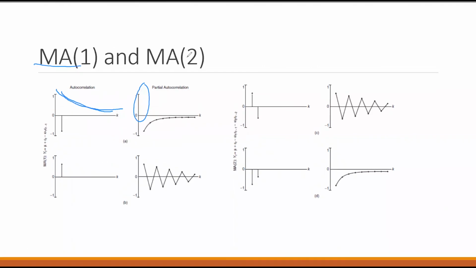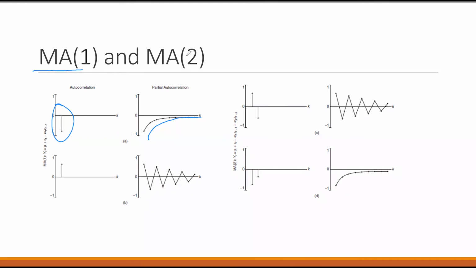Now, on the other hand, if we have autocorrelation cutting off in the autocorrelation graph, but dying off in the partial autocorrelation graph, then we determine we have an MA process, moving average process. And again, the level is determined by the lags that cut off in the autocorrelation graph. So for this one, that's MA1, and for this one, that's MA2.